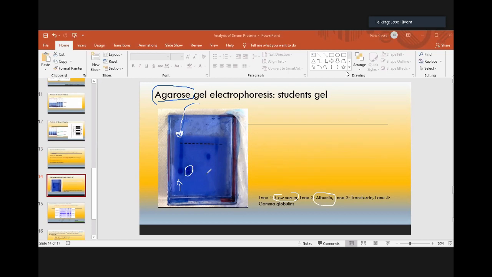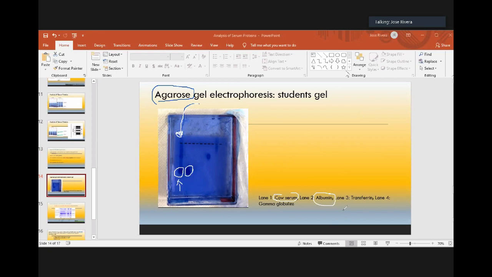So that makes sense, right? Because it's an agarose gel, the first band that you see is albumin. And so the serum that the students ran also has albumin. So that's good. We were running these in the lab, but also because later on we separated the IgGs from albumin.